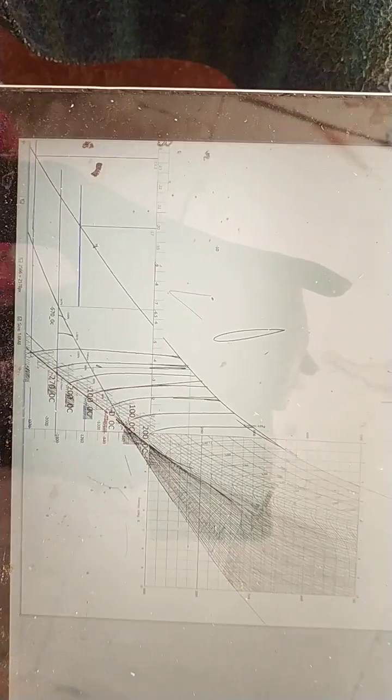So this upper part, can't find my mouse. So from here, this section here, this is the normal Mollier chart.